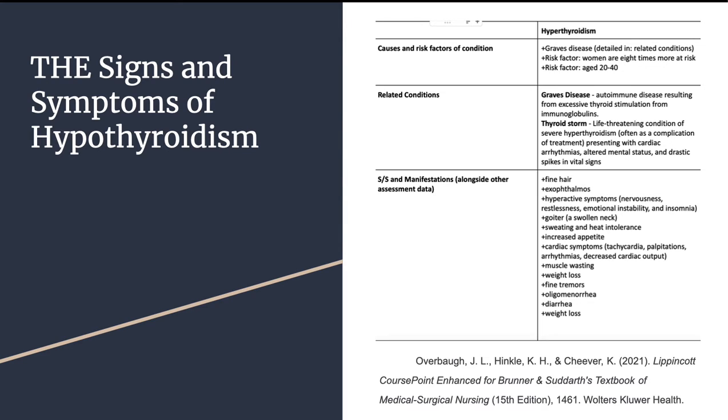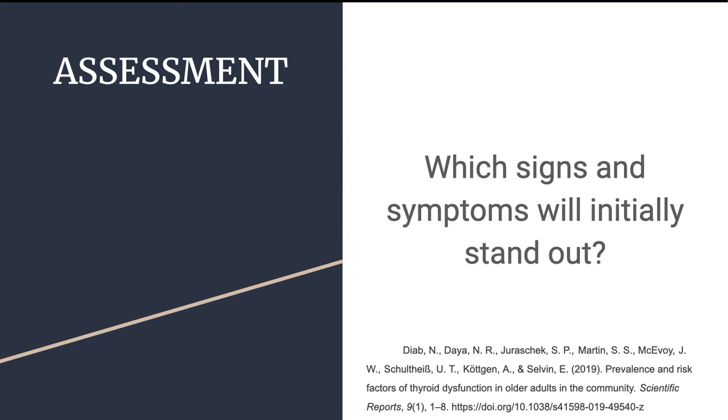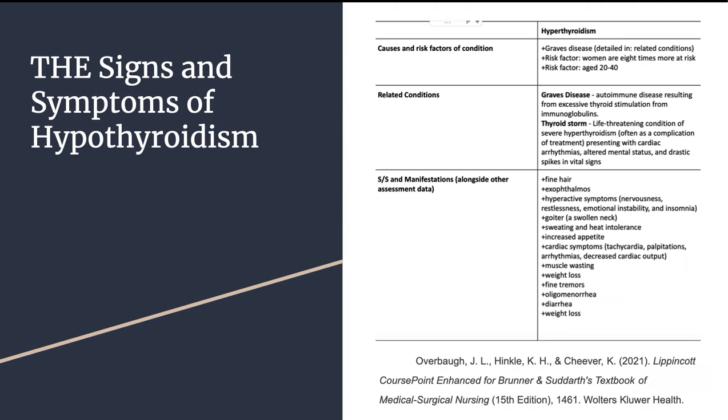And older adults, as described in Diab et al., have a less than 1% incidence of hyperthyroidism, which is substantially less than that age group of 20 to 40. Though other risk factors, such as women being 8 times more at risk than men, still hold true even with the lower incidence.